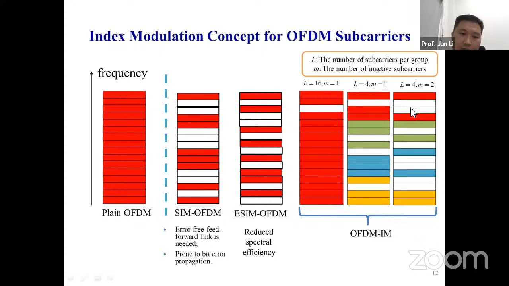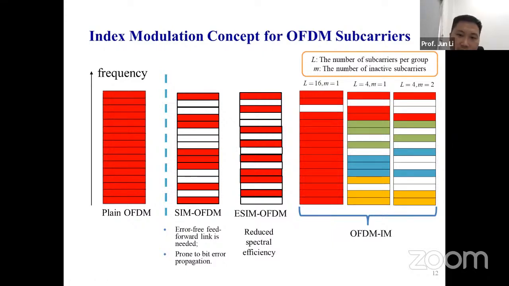So compared to the conventional OFDM, the OFDM IM scheme is more flexible, and it has much better BER performance than the OFDM. The reason is that not all subcarriers are used compared to the OFDM.